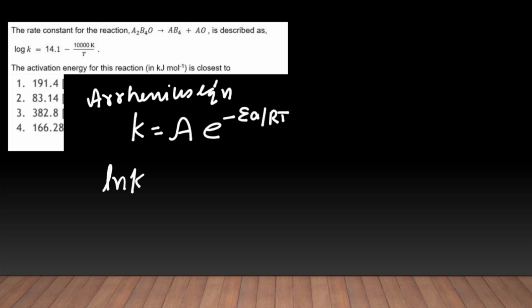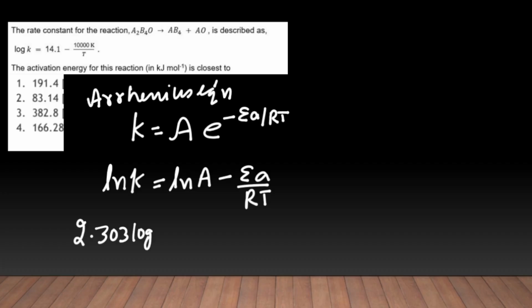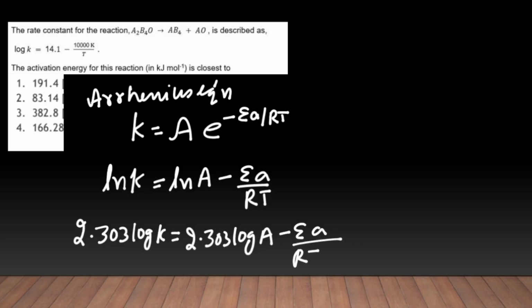Natural log of k will be equal to natural log of A minus Ea upon RT. Now ln k is 2.303 log of k. This will be equal to 2.303 log of A minus Ea upon RT.